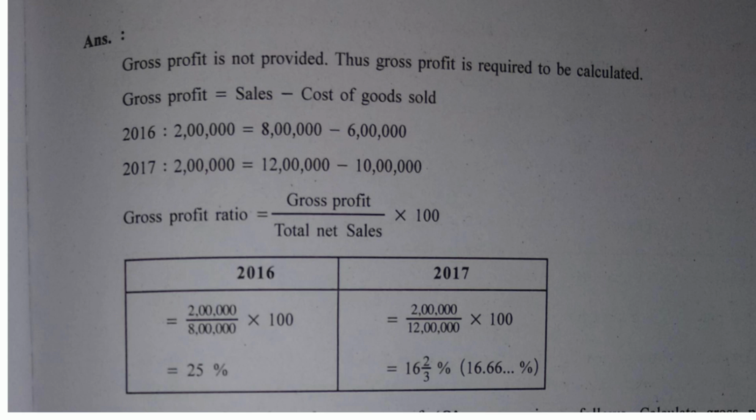8 lakh minus 6 lakh gives 2 lakh. Then similarly for 2017. Further, there is no need of explaining. You will substitute the figures and you will obtain the answer. And you see this ratio is presented in terms of percentage. You write percent after every answer that you obtain. Yes?